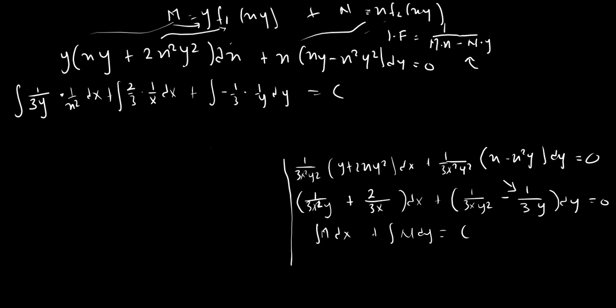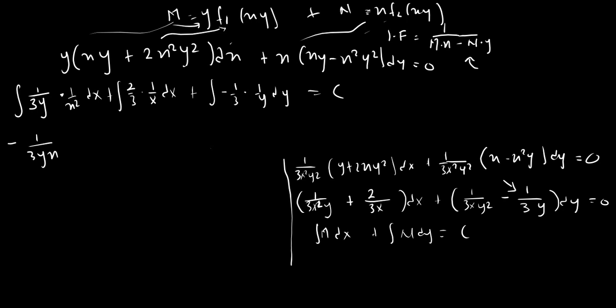So now we're going to take 1 over 3y as a constant and integrate 1 over x squared, which is x raised to the power of negative 2. On integrating that, it is x to the power of negative 1 over minus 1, which gives negative 1 over 3xy.